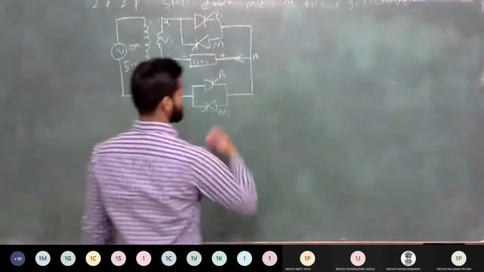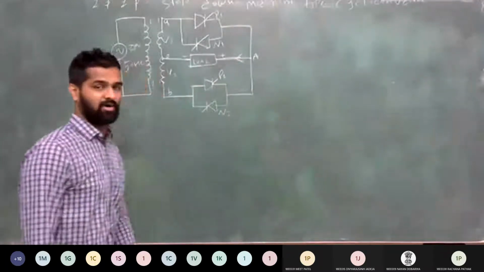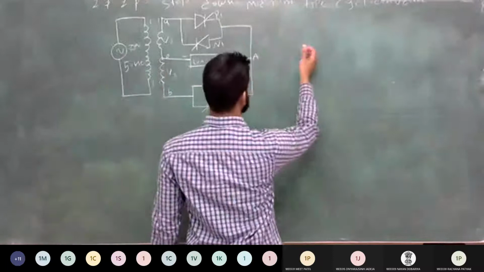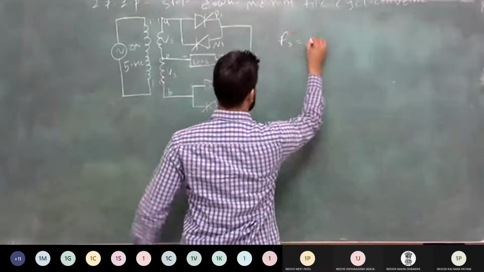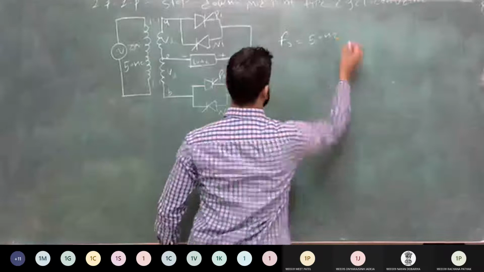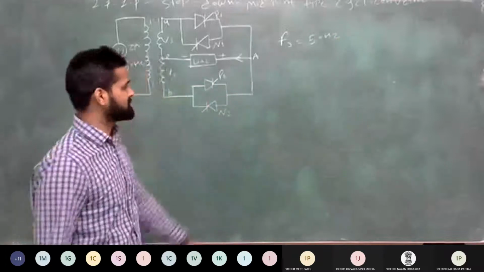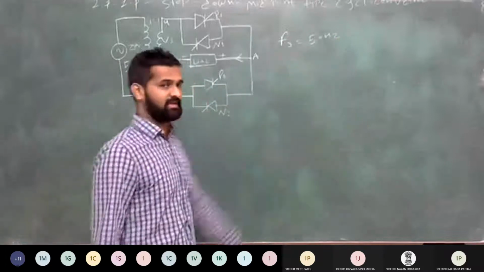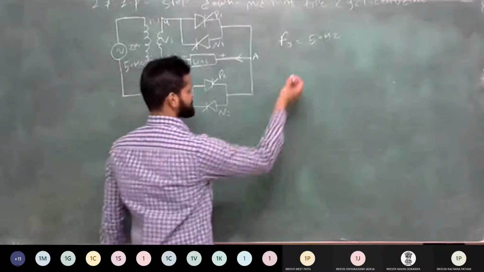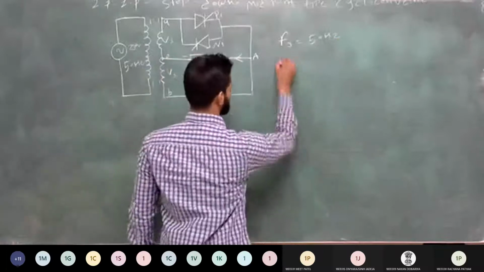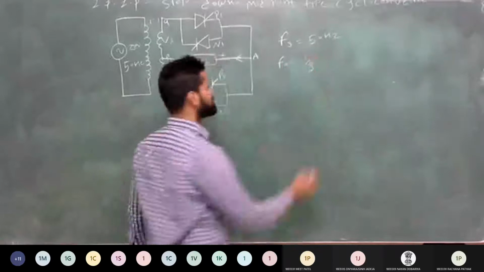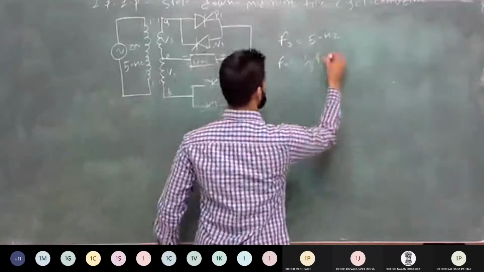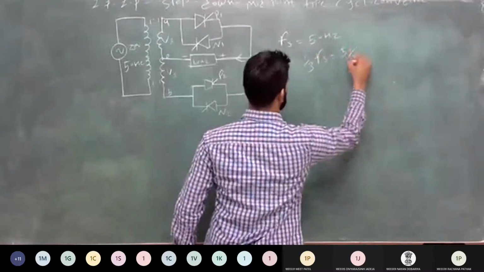Now for this circuit diagram, I want a step down frequency at the load side. Suppose that my supply frequency here is 50 Hz. Step down frequency means lower than 50 Hz. Clear? So suppose that at the load side I want a frequency of 1 by 3 times the supply frequency, which means 50 by 3.